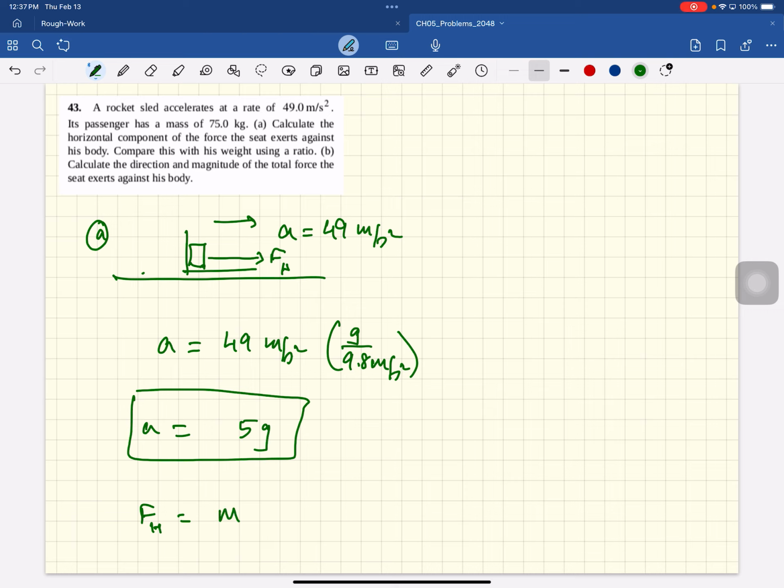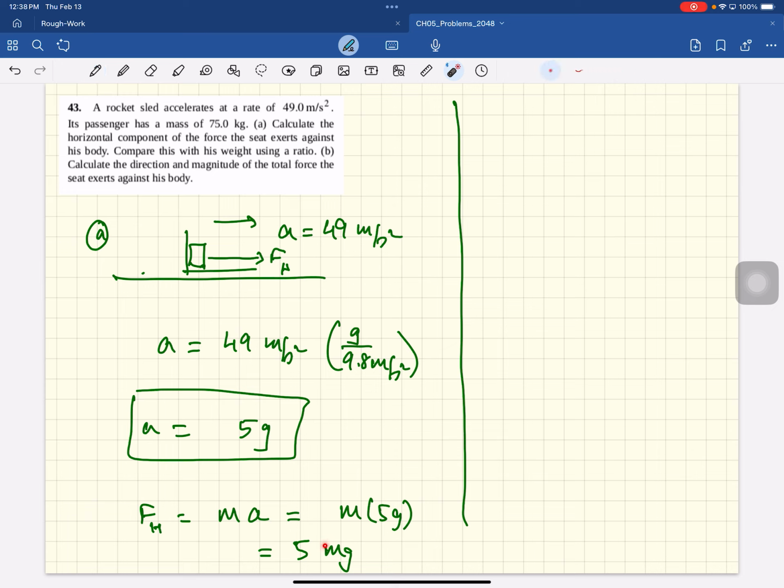The horizontal force is mass times the acceleration in that direction, mass times 5 g. So 5 times the weight of the person. And if you want numbers, you can put in the numbers. m would be 75 kg, and g is 9.8 meters per second squared, and you can calculate that.